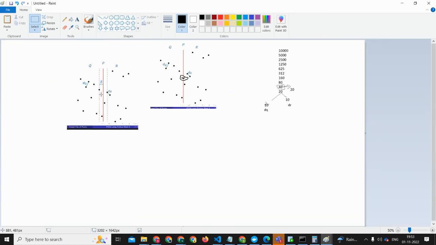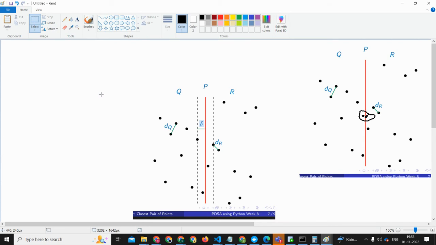If something is less than this DR, it should be found, so that is why we are going for that particular distance. If something exists in this distance which is actually below DR, we catch it. Now I think you are able to understand a little bit, right?